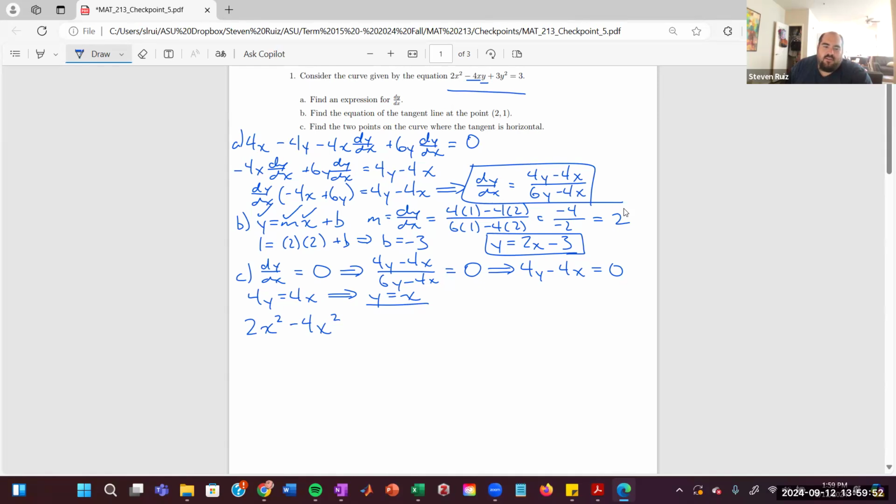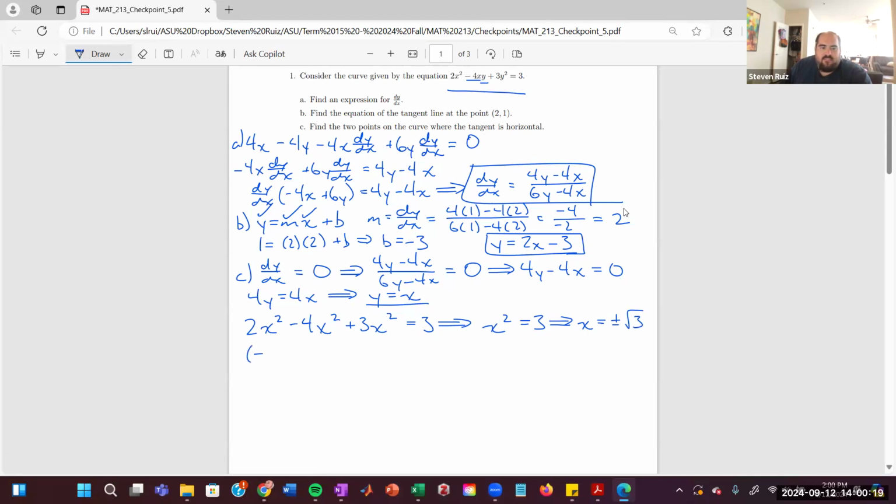Plus 3y squared, or under these circumstances, 3x squared, equals 3. If I combine terms, what do I get? 2 minus 4 is negative 2, plus 3 is 1. So x squared equals 3. What values of x is this going to give me? This will give me plus or minus radical 3.